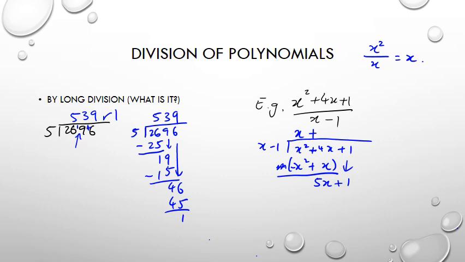You have 5x plus 1, so 5x divided by x, you have 5. So you multiply by 5. Then 5 times x minus 1 gives you 5x minus 5. Same thing, we're going to subtract it. And then 1 plus 5 gives you 6. So we have a remainder of 6.